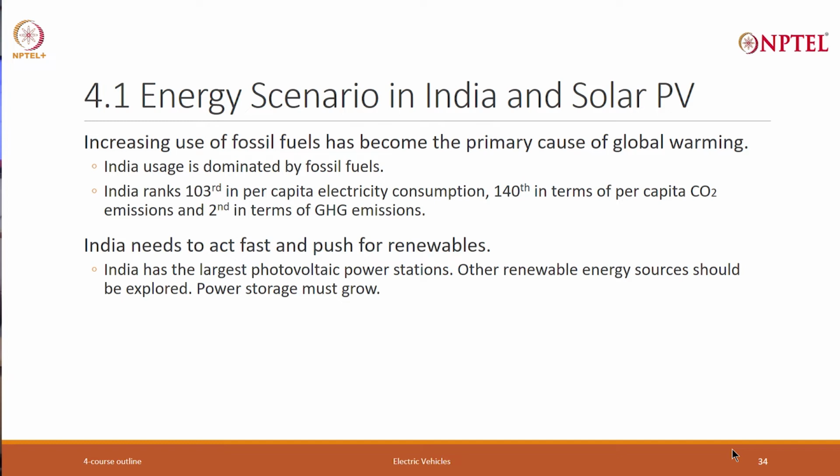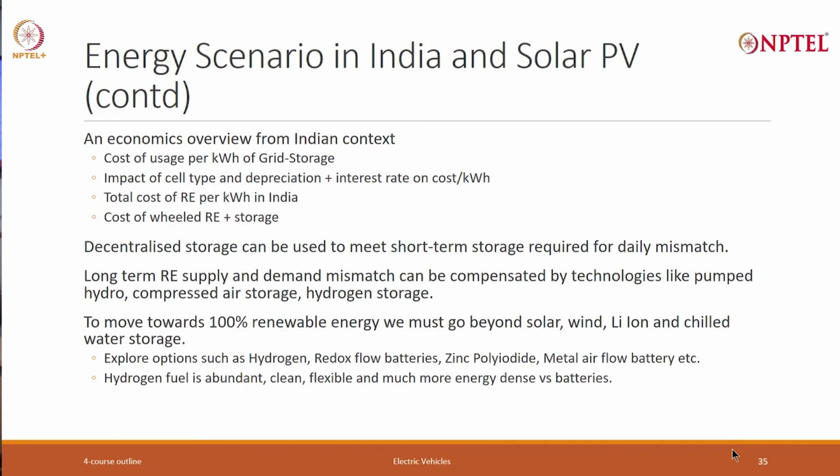Today, India has the largest photovoltaic power station. Other renewable energy sources should be explored, and power storage must grow. We will not just talk about technology, but once again talk about economics in the Indian context. Cost of usage per kilowatt hour of grid storage, storage plays an important role, impact of cell type and depreciation, interest rate on cost per kilowatt hour.